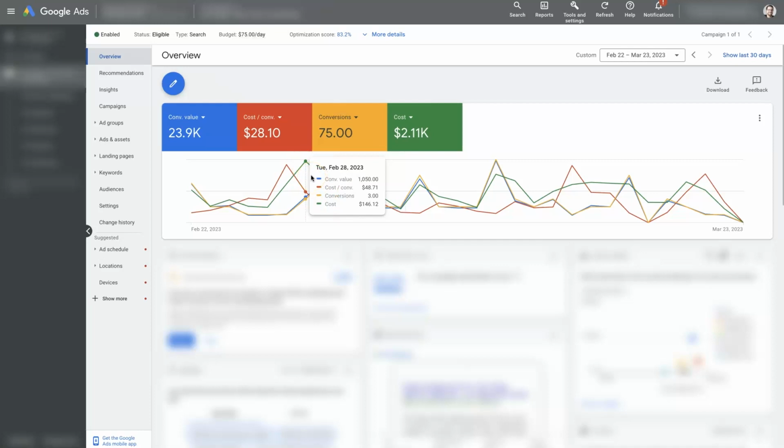So you can see on Tuesday, February 28th, the campaign spent $146, which is just under 2 times, because 2 times 75 would be $150. So it spent just below $150. This day it spent $114. This day $96.